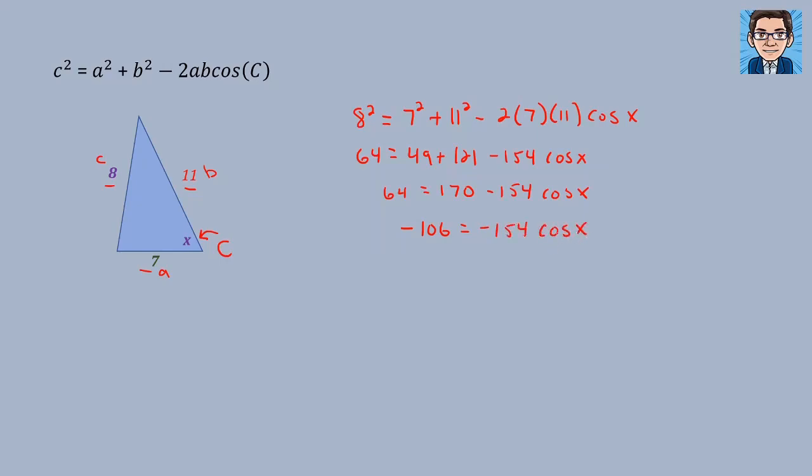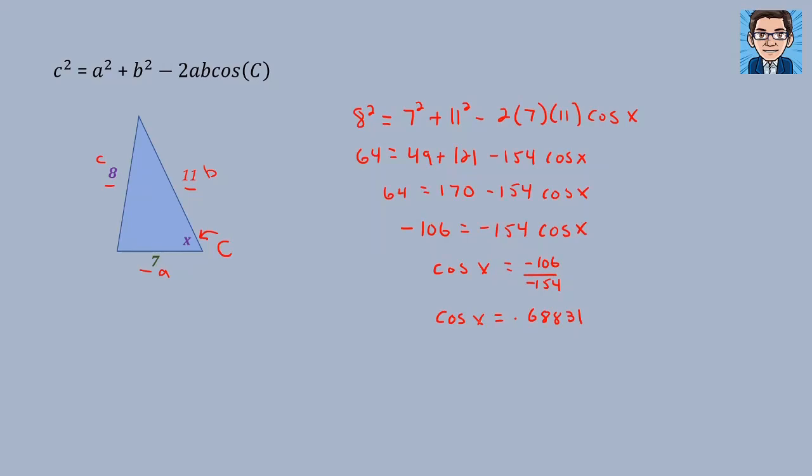Now to get cosine x by itself, we're going to divide by 154. So cosine of x equals negative 106 divided by negative 154. Put that into a calculator, and we get the cosine of x equals 0.68831. But we're not trying to find the cosine of x, we're trying to find the value of x itself.